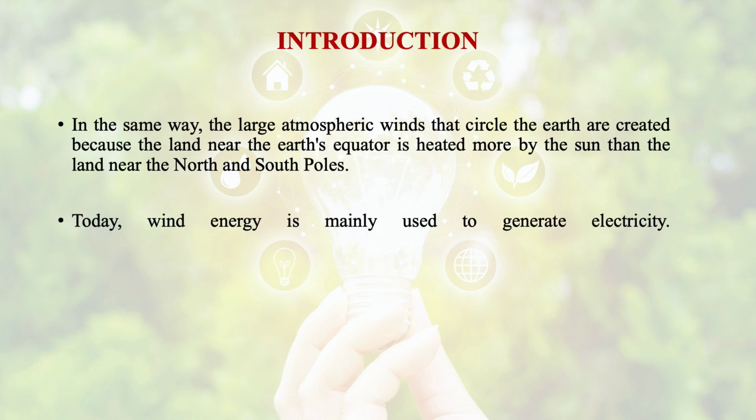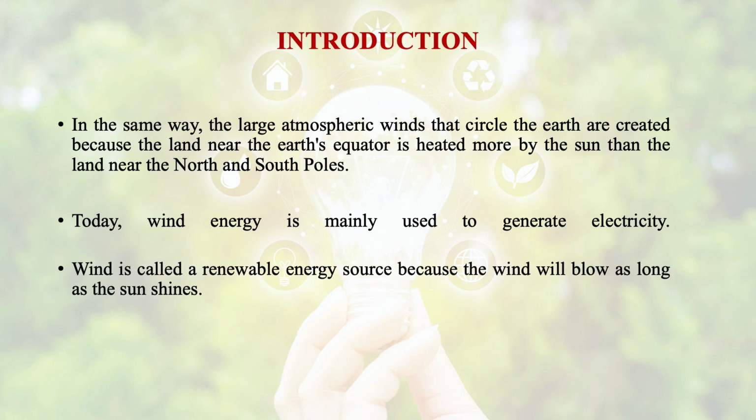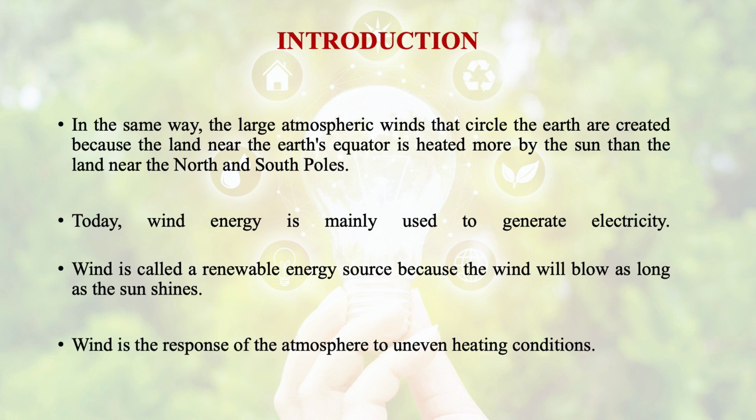Today, wind energy is mainly used to generate electricity. It is called a renewable energy source also because the wind will blow as long as the sun will shine. Wind is the response of the atmosphere to uneven heating conditions.